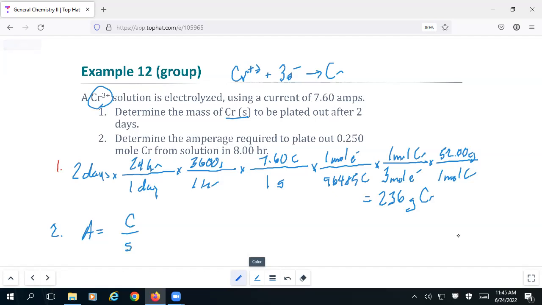So what we really need are a pair of calculations that give us coulombs and seconds separately. Well, the seconds part's kind of easy. 8 hours at 3,600 seconds per hour, 8 times 3,600 gives me 28,800 seconds. That one's easy.